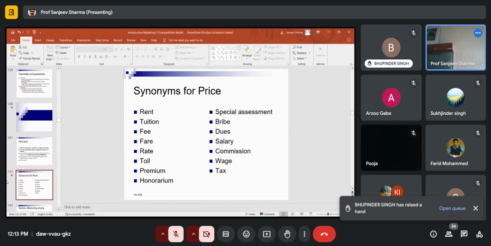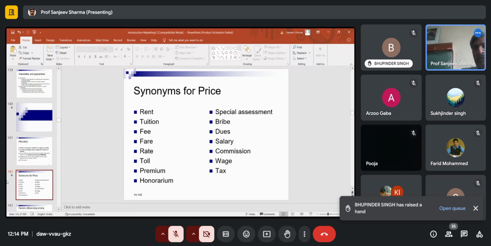Incremental price is the price to the company. Please remember, it need not be only manufacturing. There may be costs of inventory management, security, pilferage, theft, right?